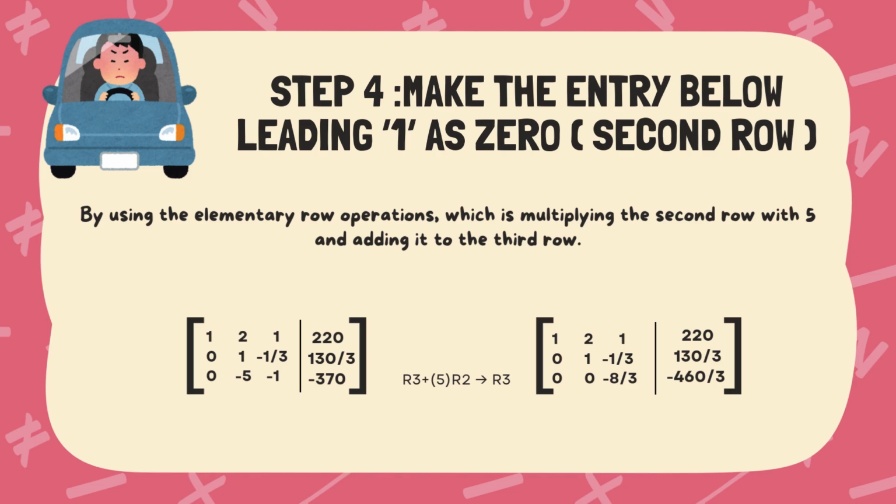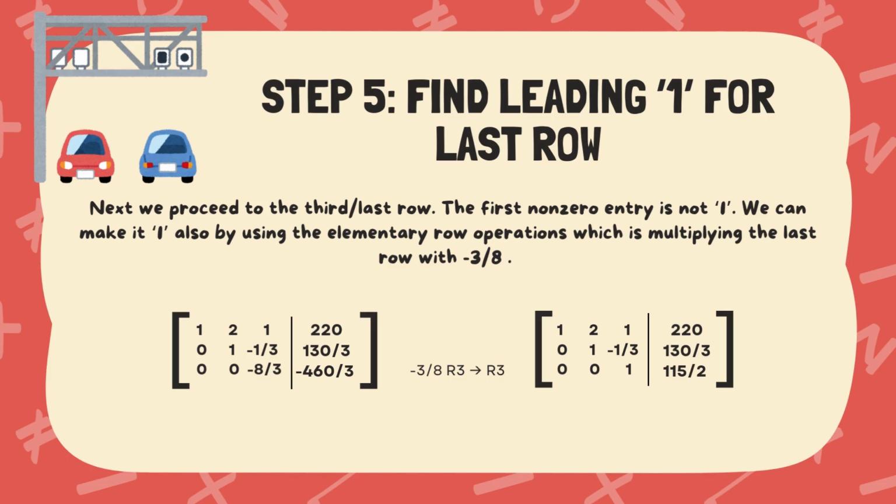Like the previous step, we multiply the second row by 5 and add it to the third row. For the fifth step, we proceed with finding the leading one for the third row, as we can see that there is no leading one yet. Multiply the third row by -3/8, thus we get the new third row.